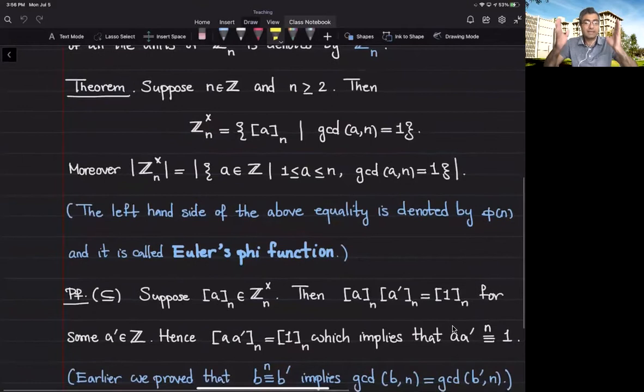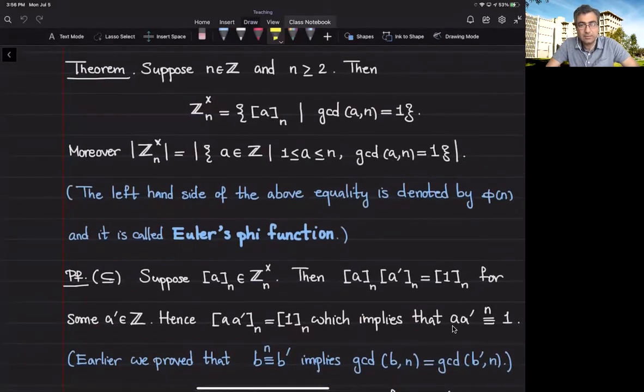Moreover, we can say how many elements in the ring of integers modulo n are units. That number is precisely the so-called Euler's phi function, which is the number of integers from 1 to n that are co-prime with n. So where GCD of A and n is 1 and A is ranging from 1 to n.